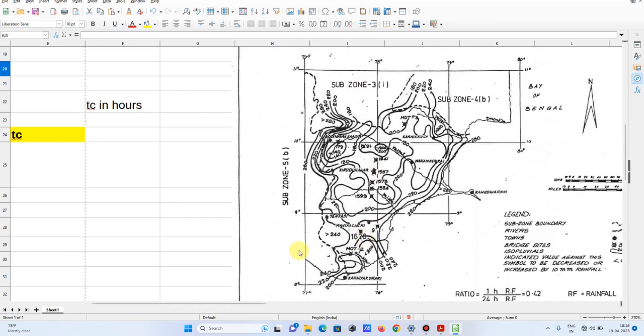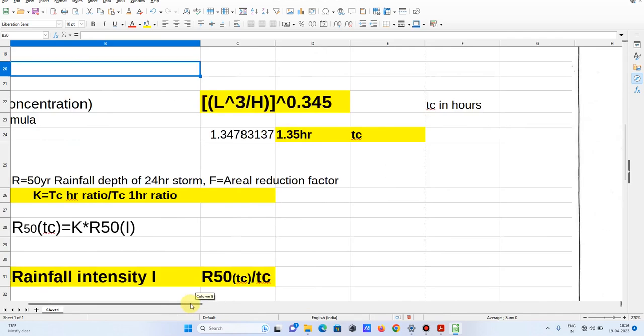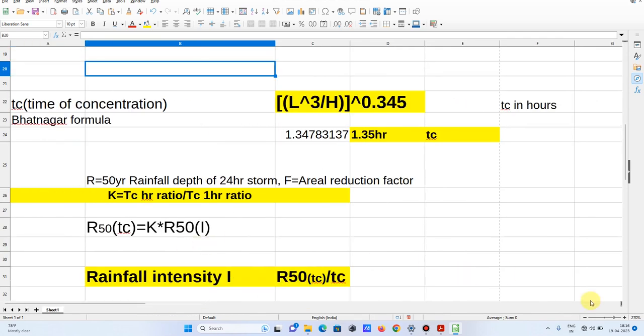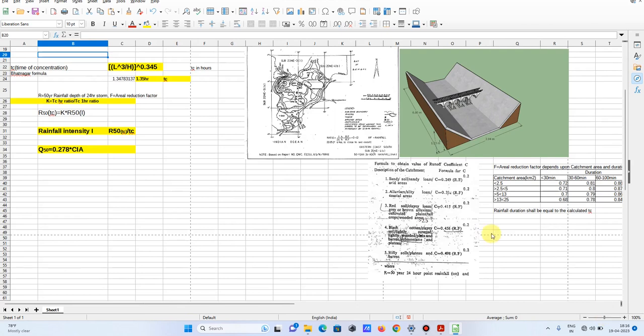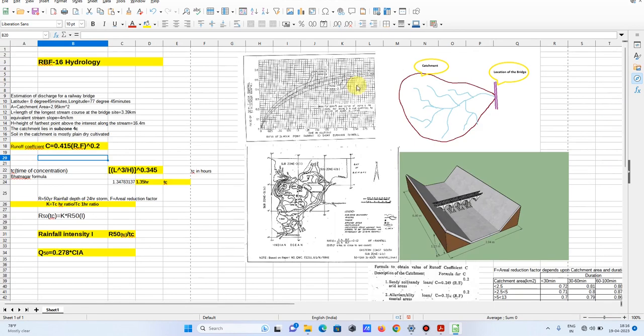If you check both values, it is coming around 220, so I will take this as 220 mm. So R is equal to 220 mm.